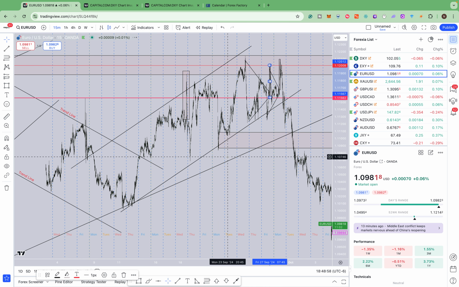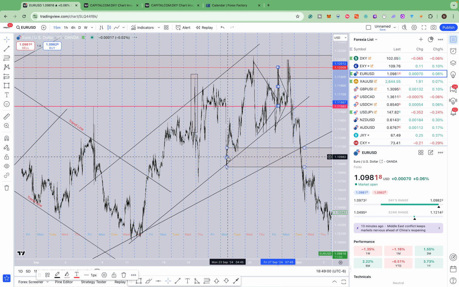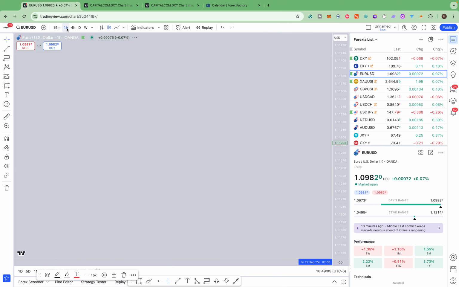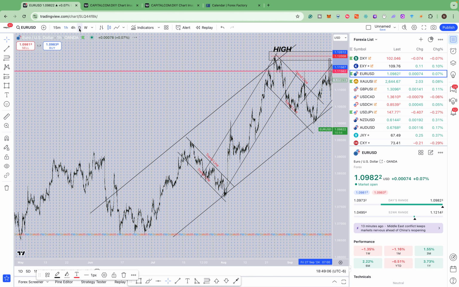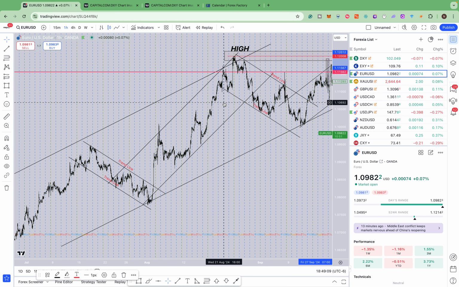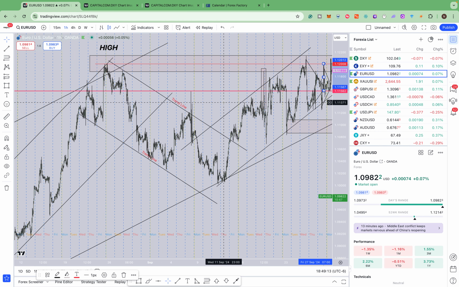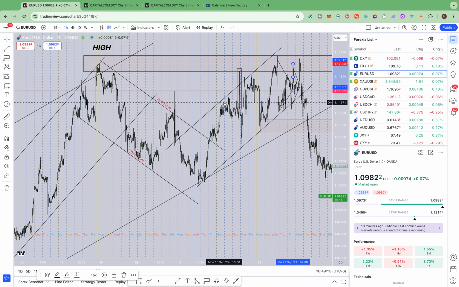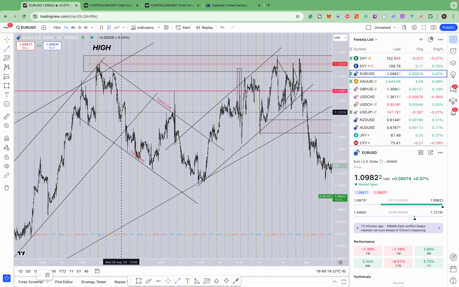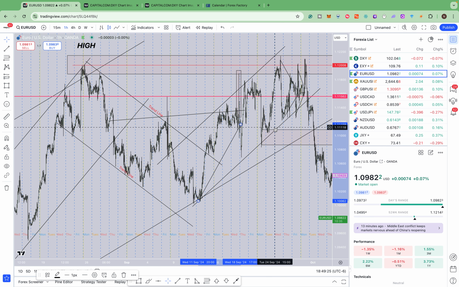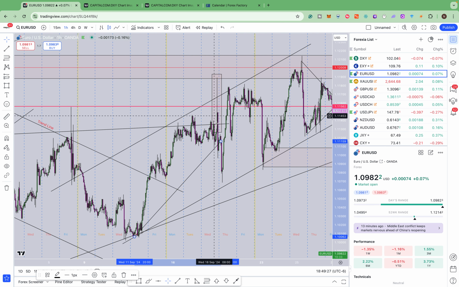If we zoom out even more, I'm pretty sure we can see the same pennant that we saw on the Euro index. Here it is. There it is, that breakout.